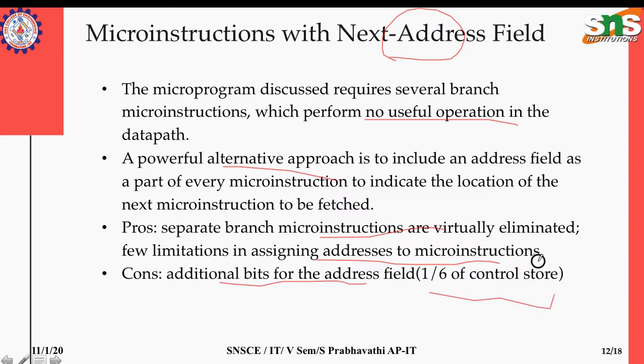Here 1/6 of the control store is used for addressing purposes. Because of this concept, micro instruction with next address field, the control store spends 1/6 of its memory capacity for addressing alone.